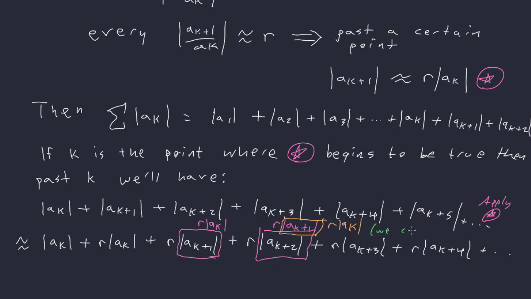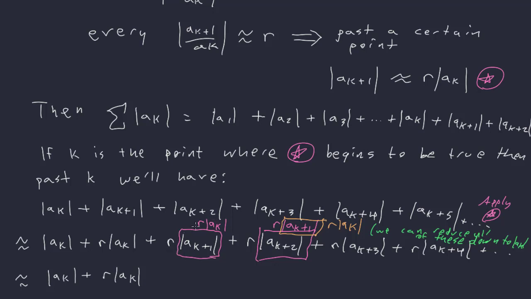We can reduce all of these down to absolute value a_k. Okay, so when we do that, this is going to be approximately absolute value of a_k plus r times absolute value a_k, and I'm just going to say a_k from now on.